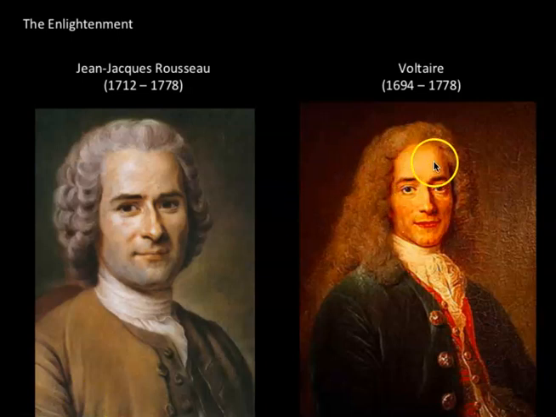Voltaire. Now, Voltaire is his nickname, but he is one of the best representations of the Enlightenment. He was a wealthy businessman and a historian and a writer. He was highly educated, and he had an aristocratic background with lots of aristocratic and noble friends.